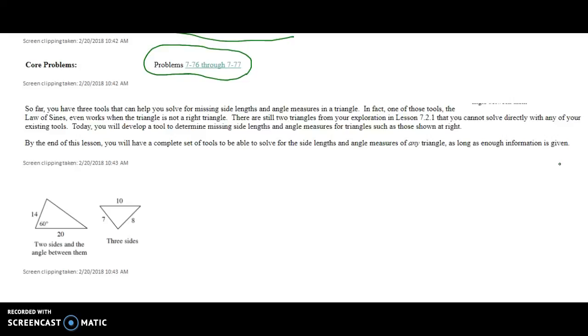Up till now, we have different tools to help us solve for missing side lengths and angle measurements. We have the Pythagorean theorem, a squared plus b squared equals c squared. We have our SOHCAHTOA, and just yesterday we got the law of sines.